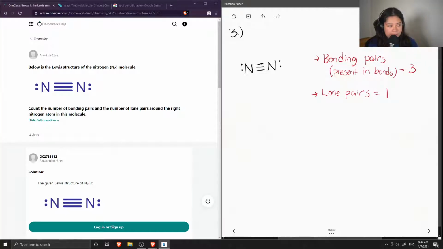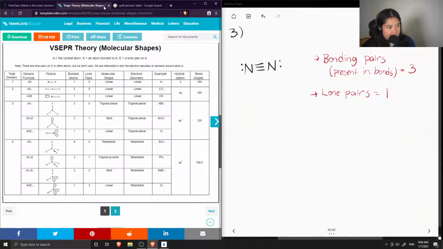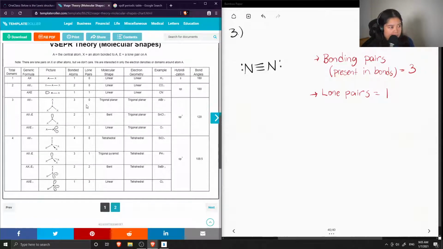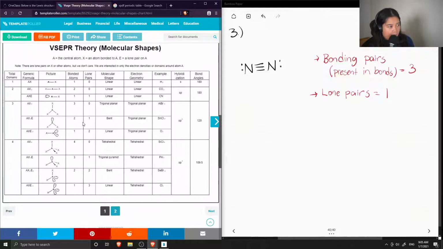Okay, so if we wanted to find out the hybridization of this molecule, then we would use VSEPR theory, where you would just look to see how many bonded atoms you have for a certain atom and how many lone pairs. So let's try to use this VSEPR table to find out the hybridization of N2.